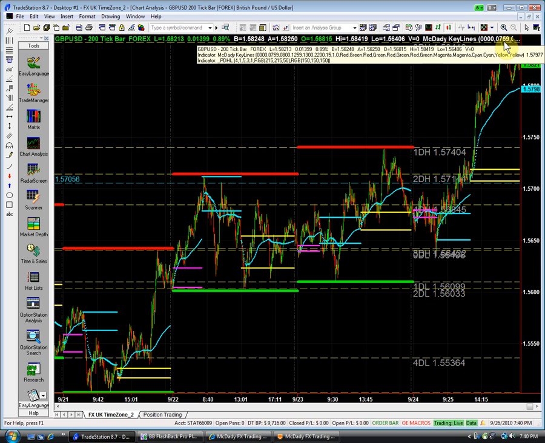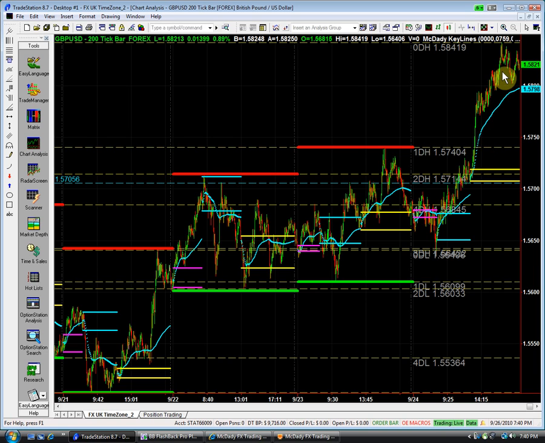Now, if you went long at the highs, your stop is going to be because of this move up, because of this decent move up. I mean, obviously, if you've got the short-term system, you're going to have your stop the other side of the opening range.